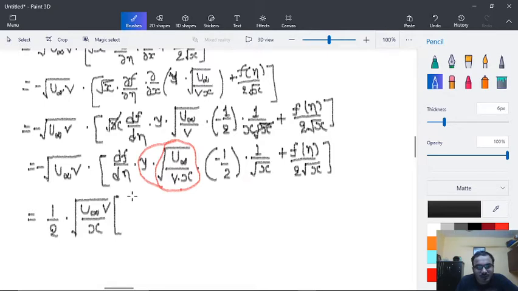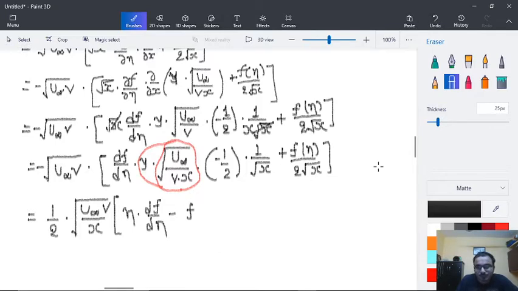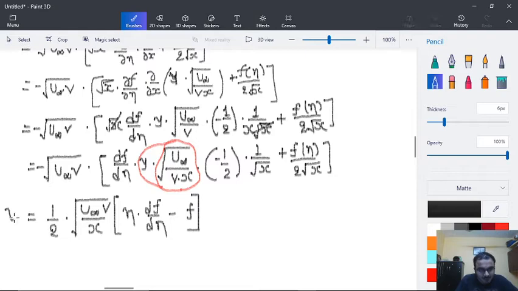So here it will be like eta, that is put on behalf of this whole red highlighted bracket, and to df over d eta minus, we can simply write down f. So this will be our value of v.